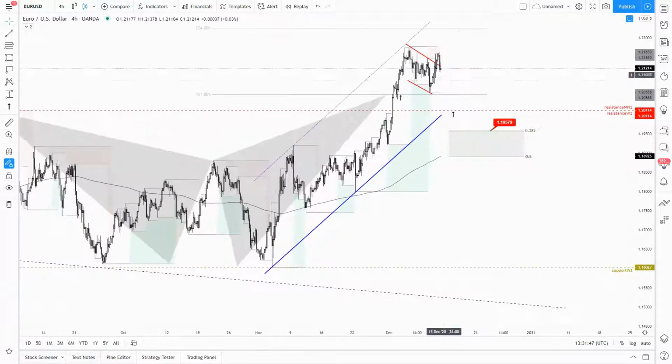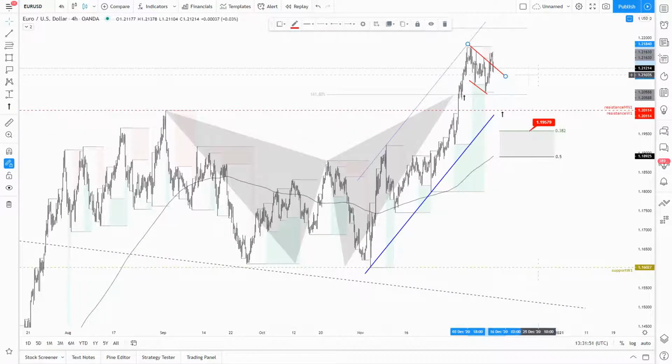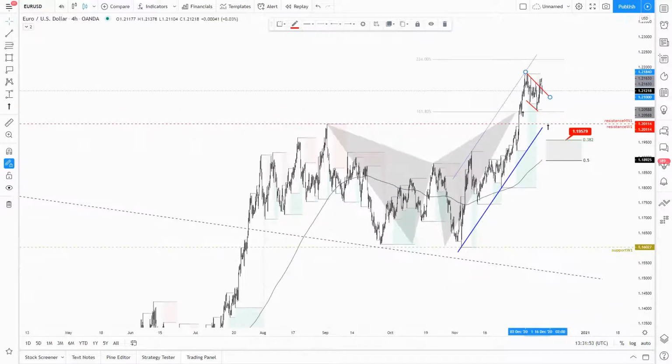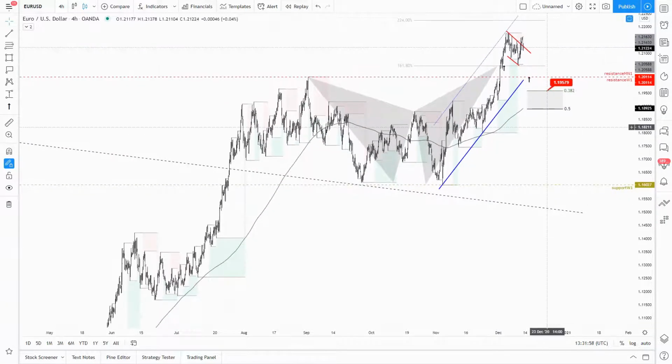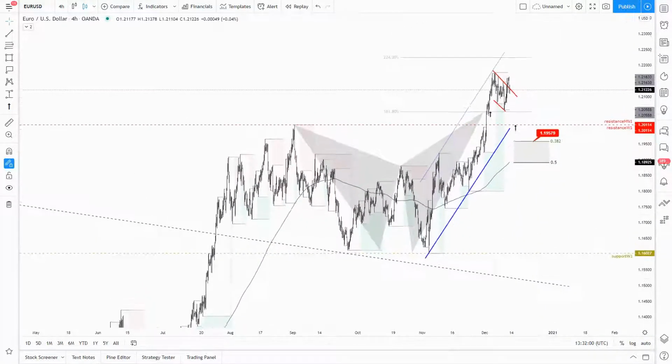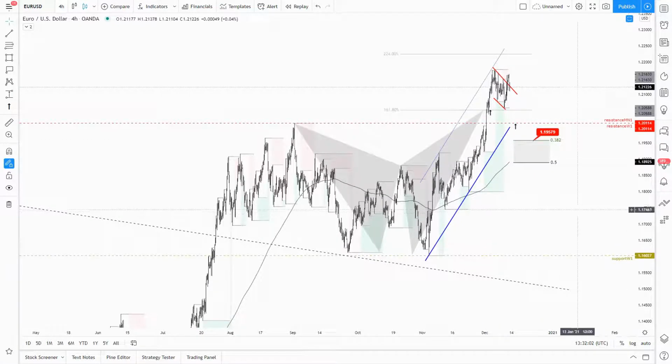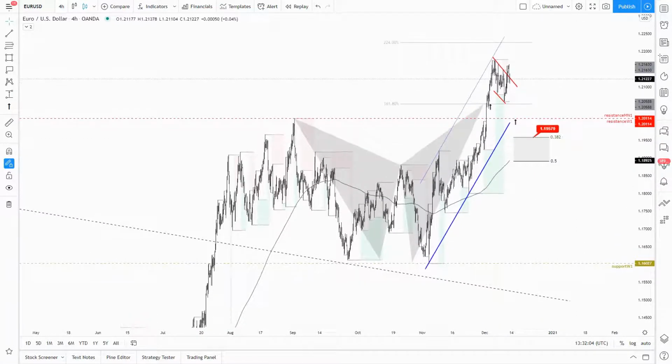Let's see if the price will not recover again above this trend line, because if that happens, eventually we will see more upside momentum, and it will be a failure situation, where the market will not correspond to my expectations.